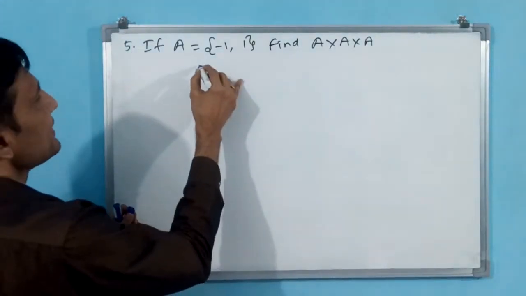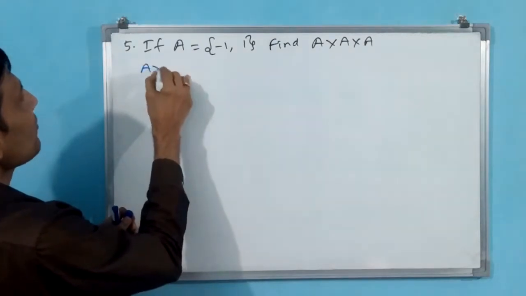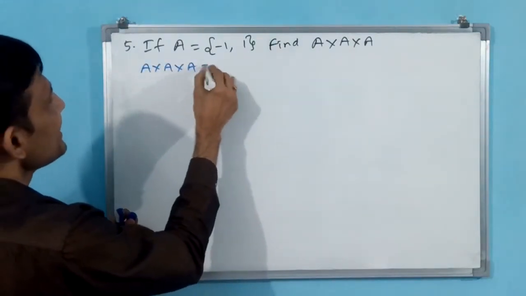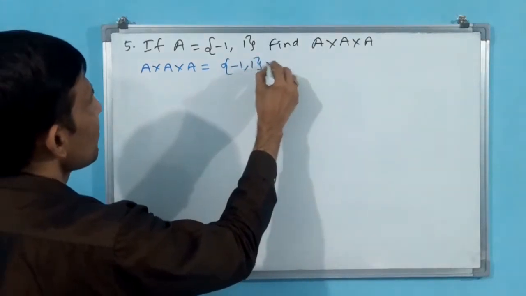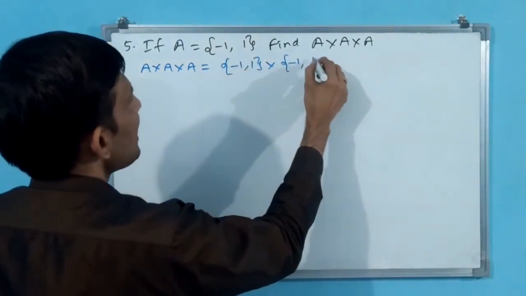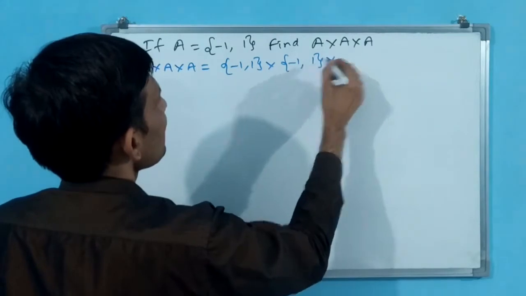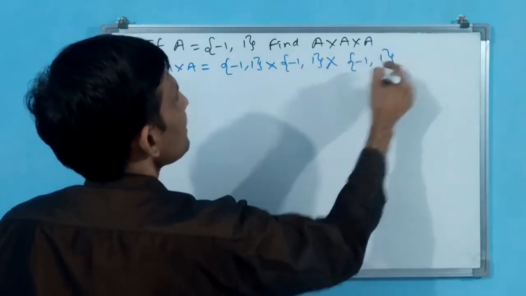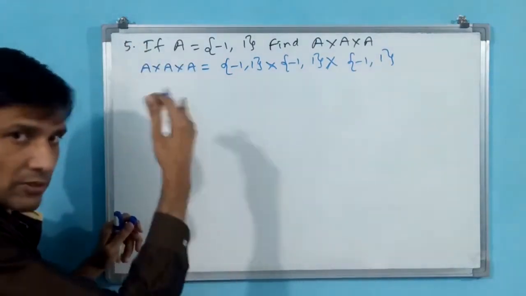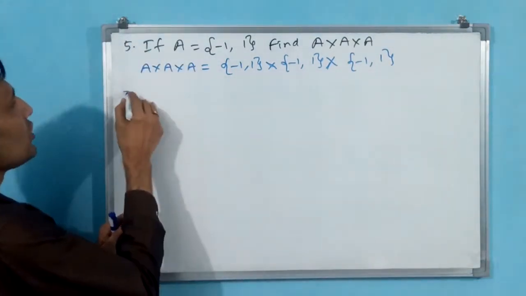First you write like this: A cross A cross A is equal to {-1, 1} cross {-1, 1} cross {-1, 1}. First you have to make it like this, otherwise you are not able to do the solution.